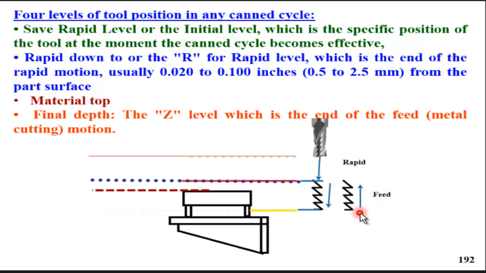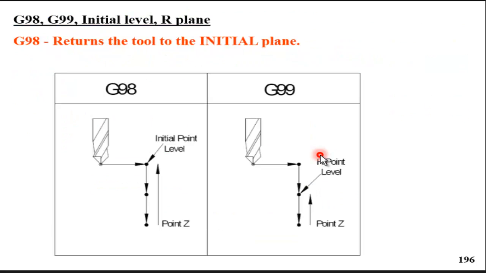So when the tool retracts, it can either retract to the R level or it can retract to the initial level. Who controls these two choices? The one who controls these two choices is another G code, which is G98 or G99.